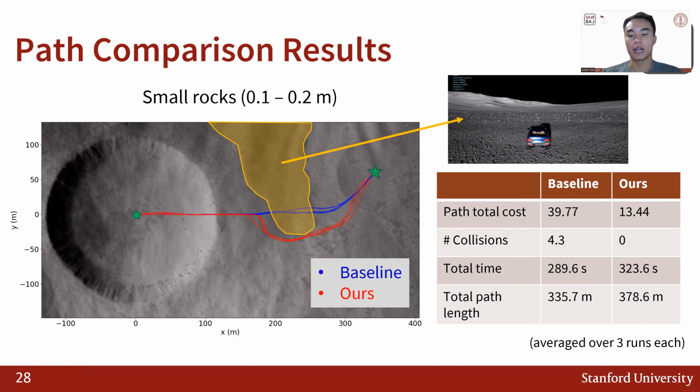We can quantify this by tracking the local cost accumulated over the entire drive. These numbers are averaged over 3 runs each, and while the baseline does reach the goal faster and with a shorter path, it accumulates a higher cost than our approach, which takes a little longer to safely route the rover around the high cost region.